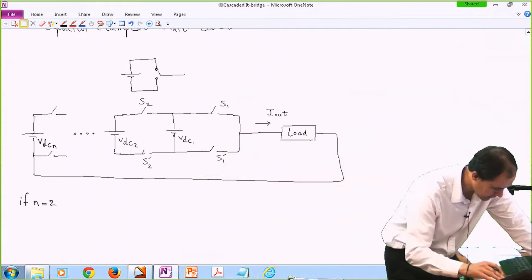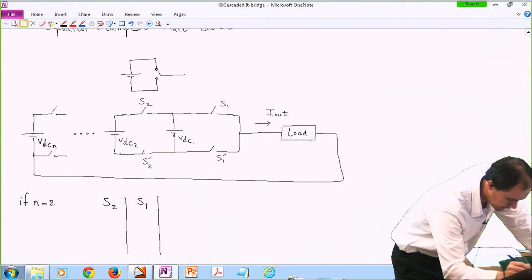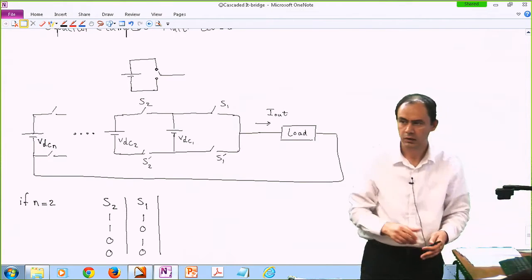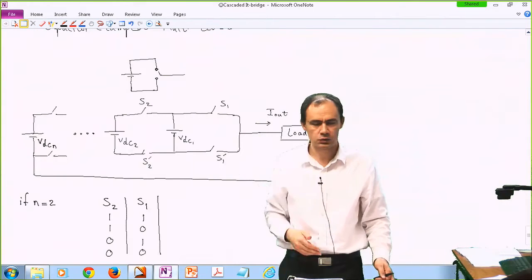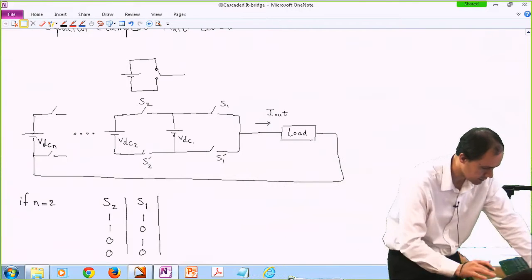Let's take a look at this table and see how many output voltages we can generate. S2, S1. We have two possibilities for S1, two possibilities for S2, and obviously the other two are complementing these two, so they are not independent, they are dependent. So we have a total of four possibilities.